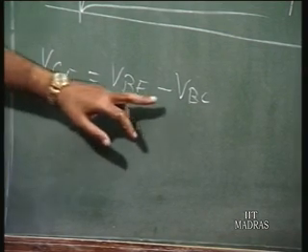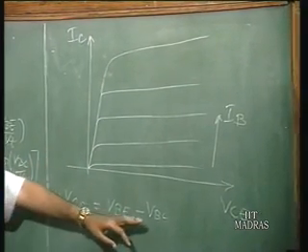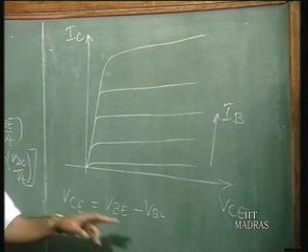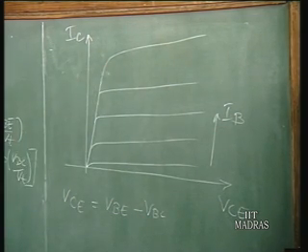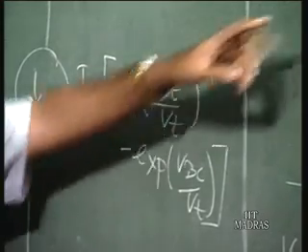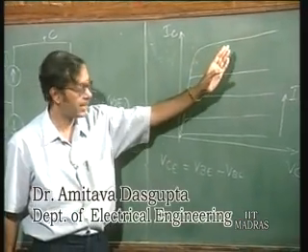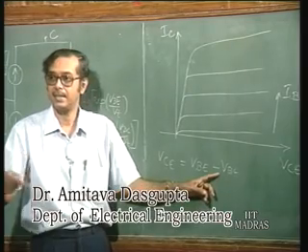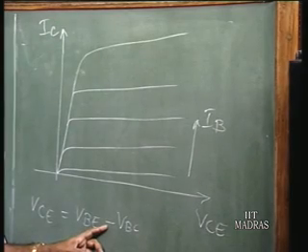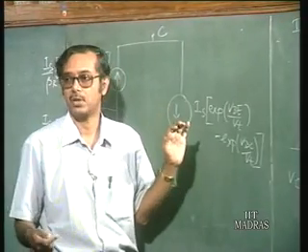So, when VCE is going towards 0, VBE and VBC are quite close to one another. And so, you can see from this model here, when VBE and VBC are very close to one another, this current is almost going to go to 0. When VCE is very large, it means VBC is negative, because VBE as a forward voltage cannot be very large. So, this is reverse biased, which means that the current becomes almost constant.